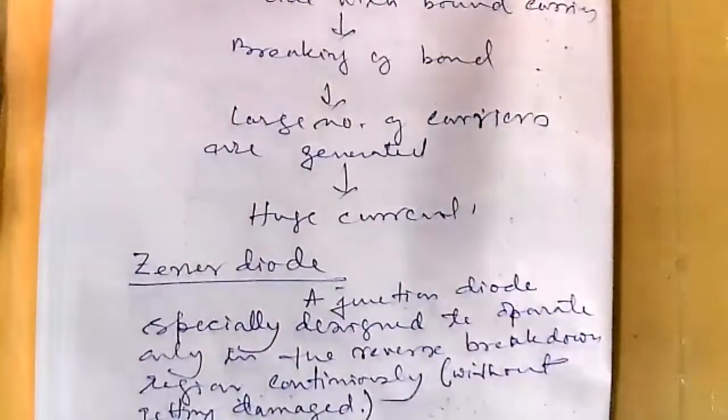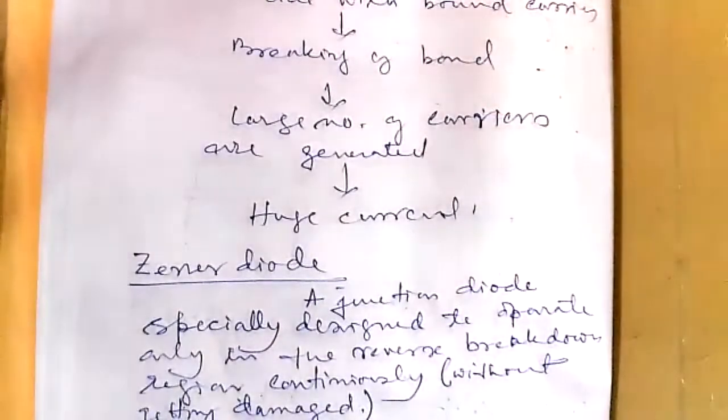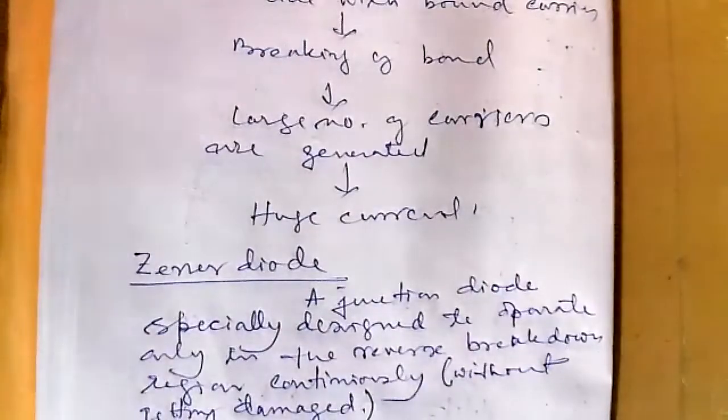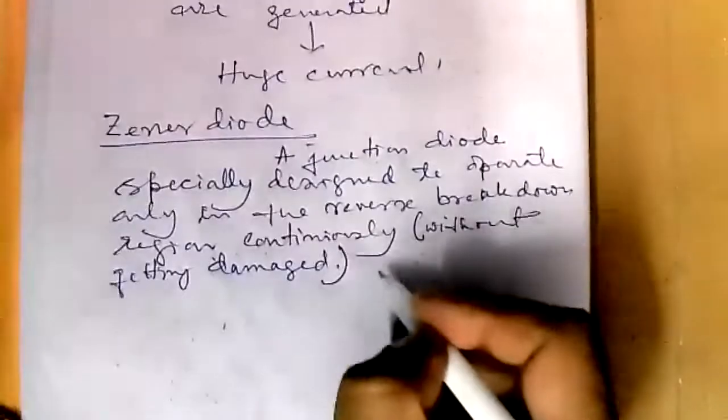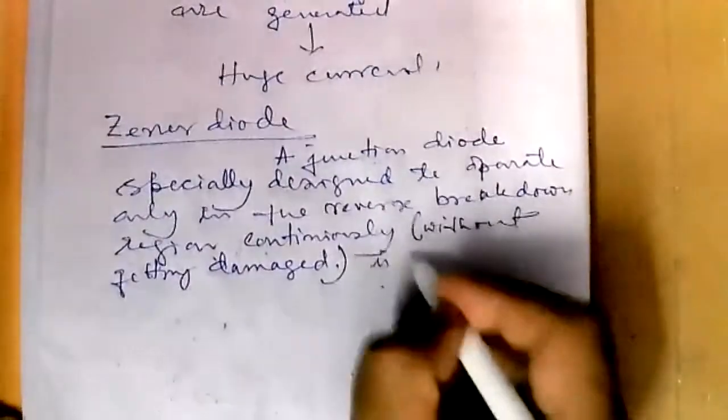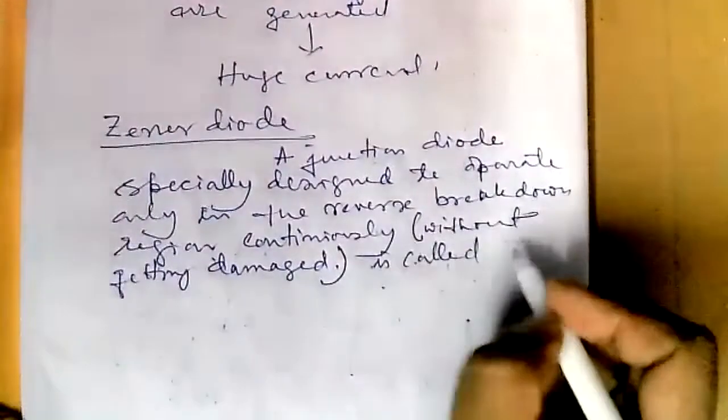But we have designed a special type of diode which operates in the reverse breakdown region continuously without getting damaged. This type of diode is called Zener diode.